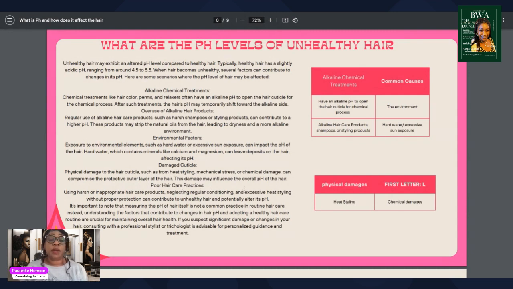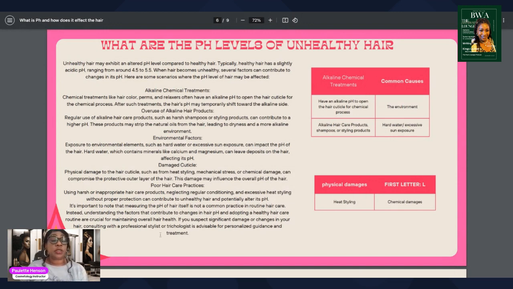This damage may influence the overall pH of the hair. Poor hair care practices like using harsh or inappropriate hair care products, neglecting regular conditioning, and excessive heat styling without proper protection can contribute to unhealthy hair and potentially alter its pH.